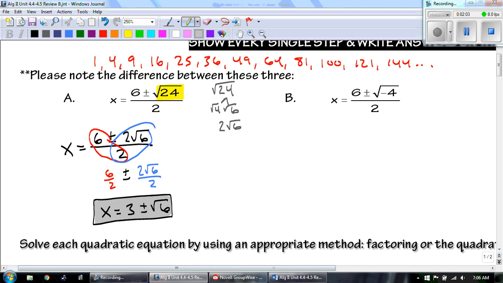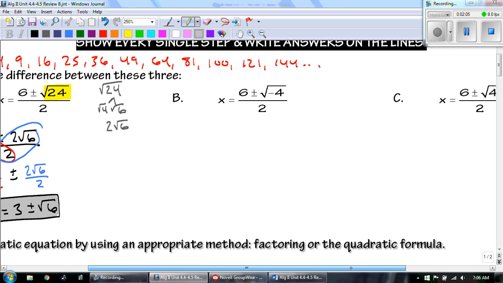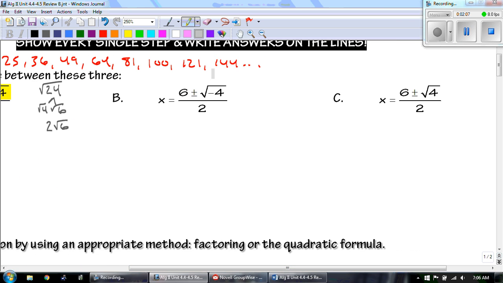All right, letter B. Once again, we need to look inside the square root. What does the square root tell us? Well, the first thing that I see is that there's a negative, and whenever there's a negative, there's an i. So now I have i square root 4. Well, 4 is a perfect square, so when I take the square root, it's just going to be 2, but then I can't forget about the i.